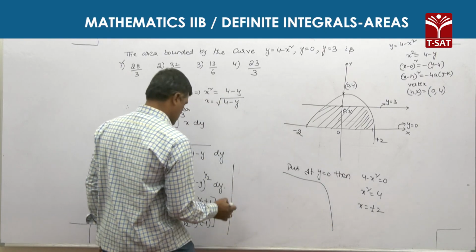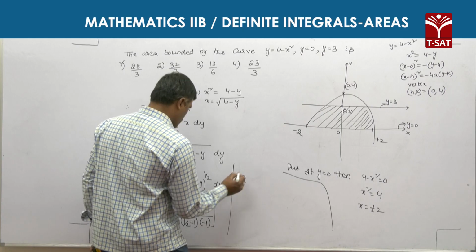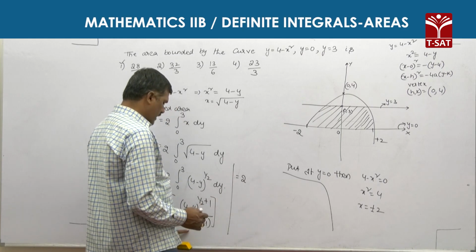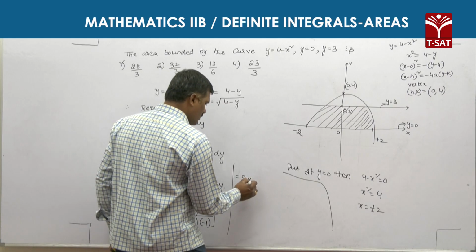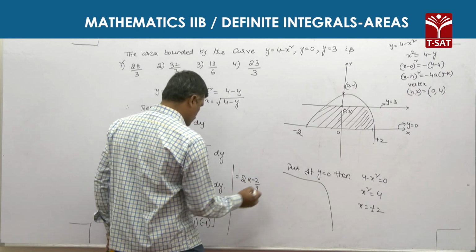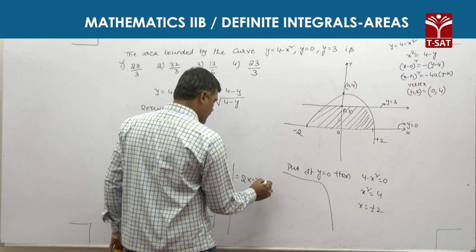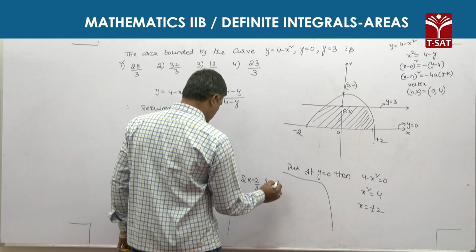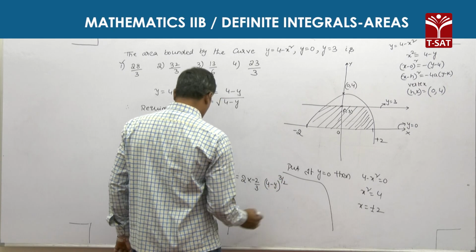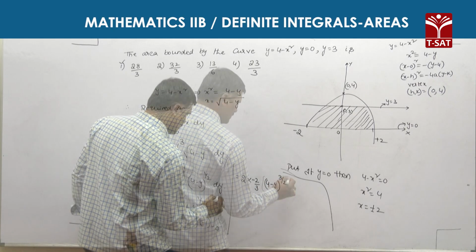That is equal to 2 into minus 1 by 3 by 2, which in the numerator gives minus 2 by 3, 4 minus y whole power 1 by 2 plus 1, that is 3 by 2, with limits 0 to 3.